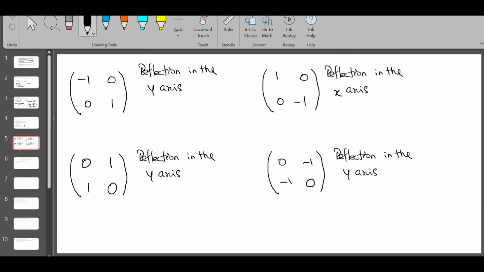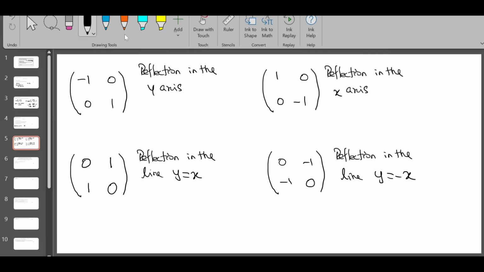The third one is reflection in the line y is equal to x. The fourth one is reflection in the line y is equal to minus x. You have to memorize this. There are 4 transformations you need to remember.